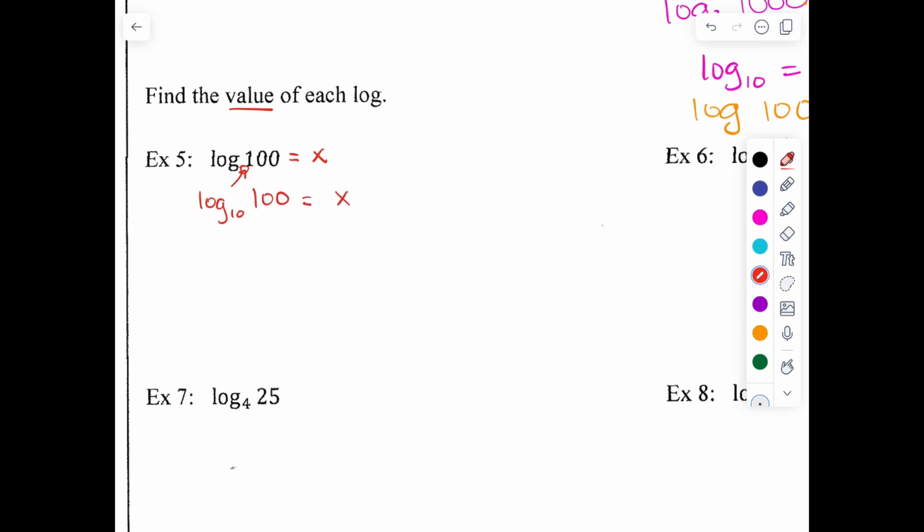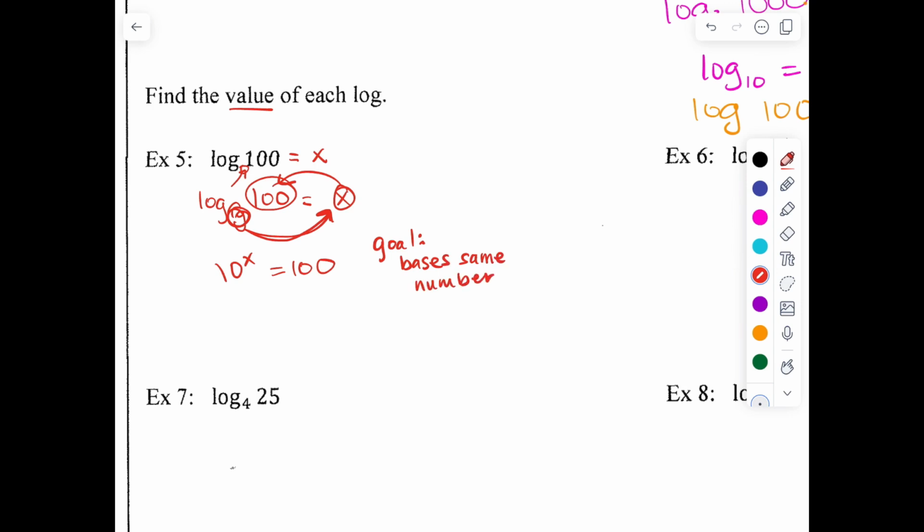If I rewrite it like this, I can say 10 to the x exponent equals 100. Left, right, middle. Now my goal, once I've got it written like this, is to get the bases to the same number.